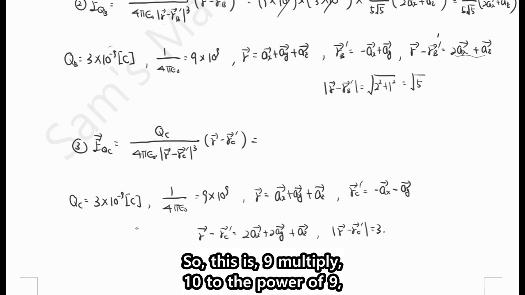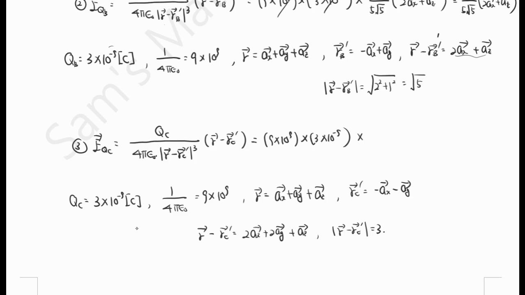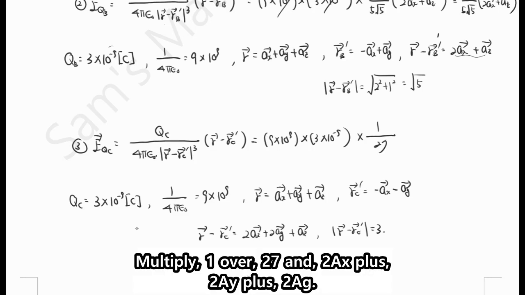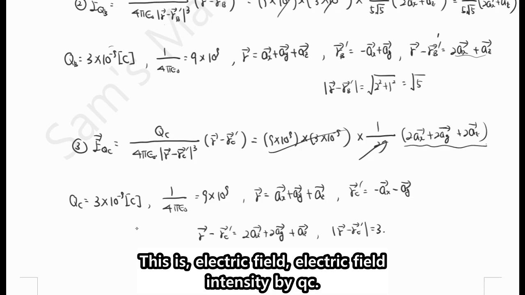So this is 9 times 10 to the power of 9 times 3 times 10 to the power of minus 9 times 1 over 27 times (2AX plus 2AY plus AZ). This is the electric field intensity by QC.